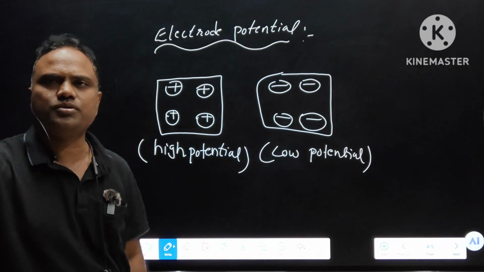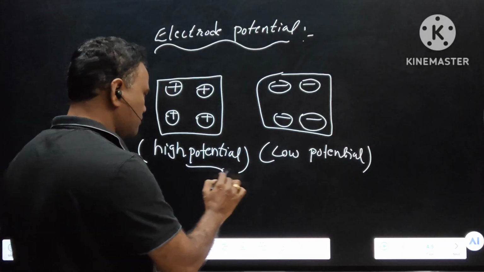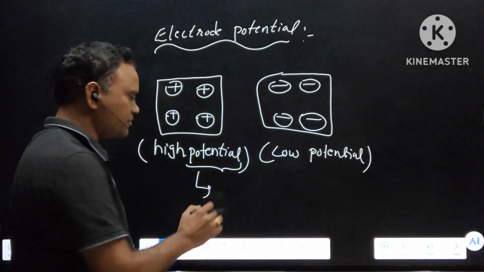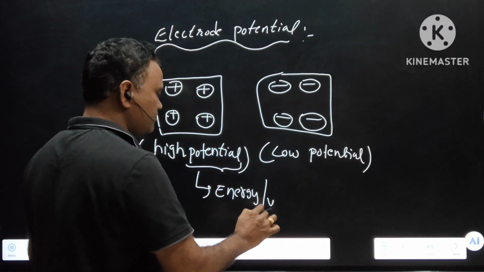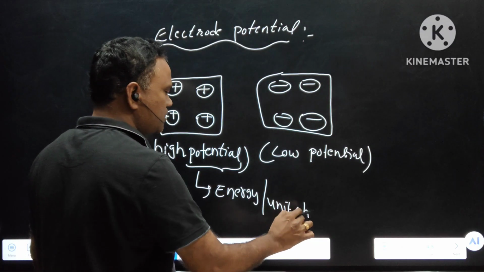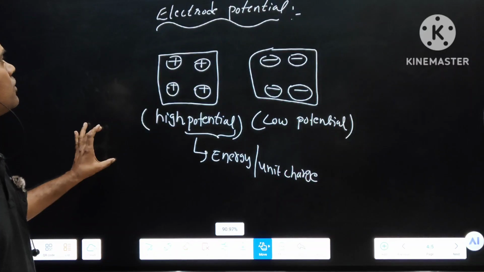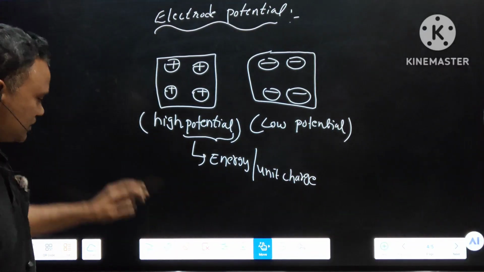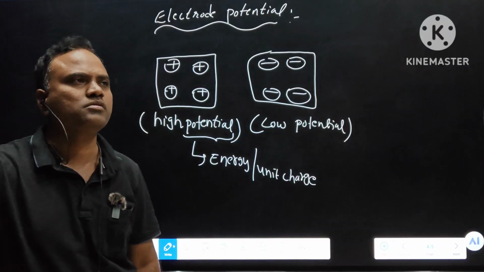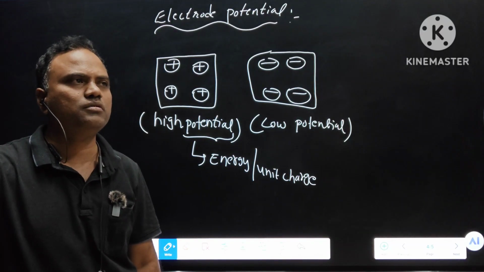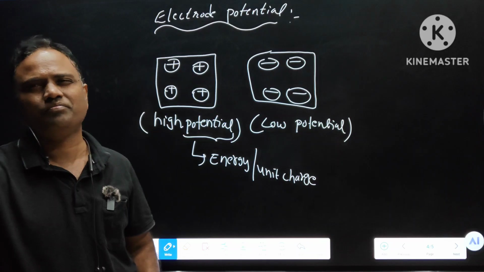High energy, low energy. Potential means energy per unit charge. Actually I don't want to give this, but I am giving. The bad thing is other authors wrote different books, but there is no perfect definition for electrode potential.